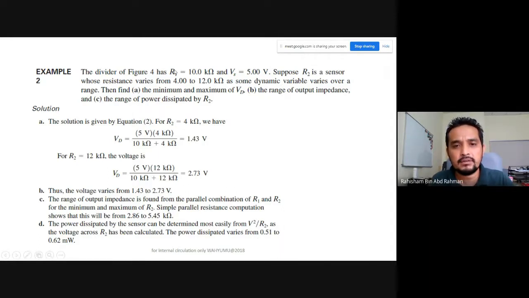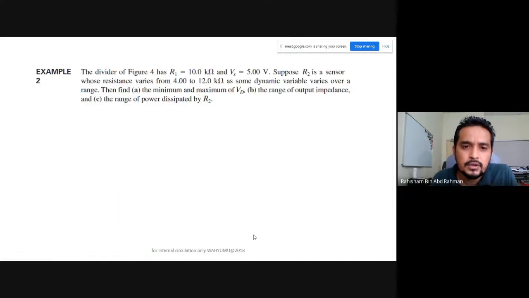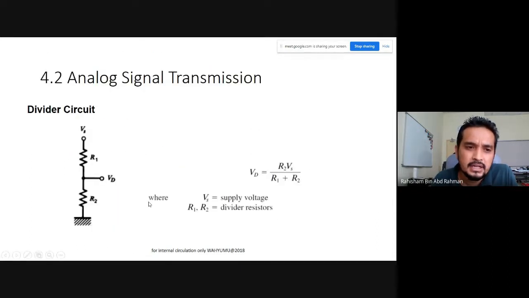So the range for the maximum and minimum will be 4 up to 12. You plug in this value, that will give you straightforwardly the answer. Okay, this is just a divider circuit. When we use this, we may need to use it in combination with other circuits.